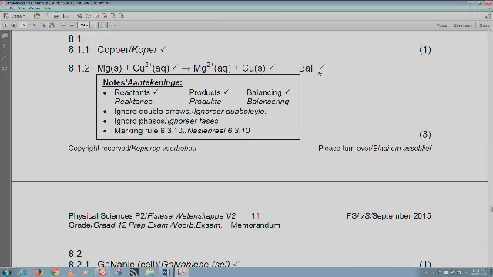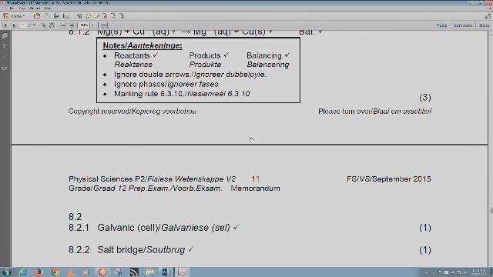In other words, if nothing is written on the left-hand side of each of them, or if the learner writes the 2, it will be the 2s in all of them, so it must be the correct number for the balancing. And then ignore the double arrows, and ignore the phases. Even if the phases are not there, the learner will get full marks. And then marking rule 6.3.10, where the mark for the reactants can only be given if there is an arrow, and for those of the products also can be given if there is an arrow.